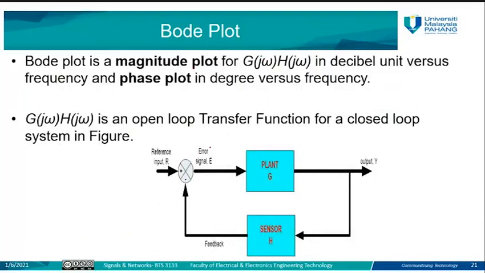Usually, as we said, the one that we need to draw here is the transfer function. So whatever the value that we want to draw, is it G of j omega, H of j omega? Actually, sometimes some systems have feedback, and it consists of two parts, like a transfer function for the forward path and for the backward path, like a feedback that they use for the sensor and so on.